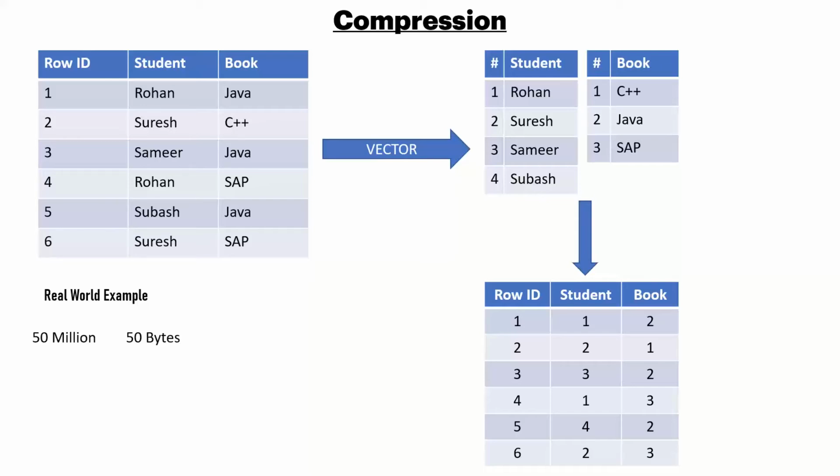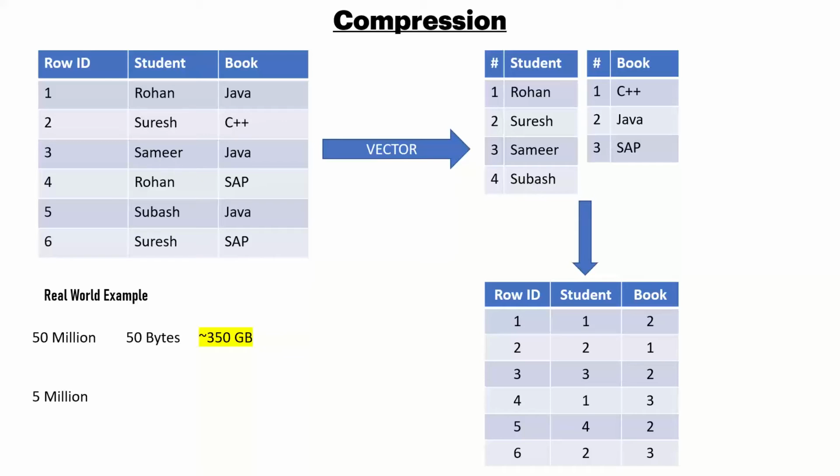So let's say every name takes 50 bytes of space in your database. To have a 50 million user database, I would be using somewhere around 350 gigabytes of data on my database. Now, if I apply the ways of compression here, what happens?